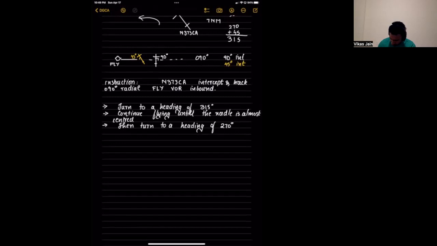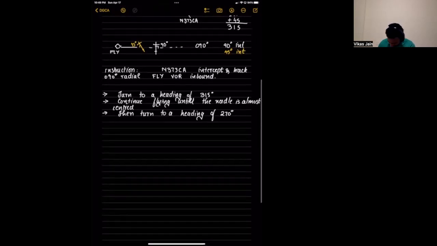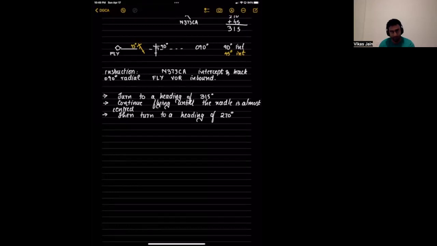So how does this look on your instrument? If you have tuned everything correctly, I'm going to consider an HSI, just to make our work simple today.